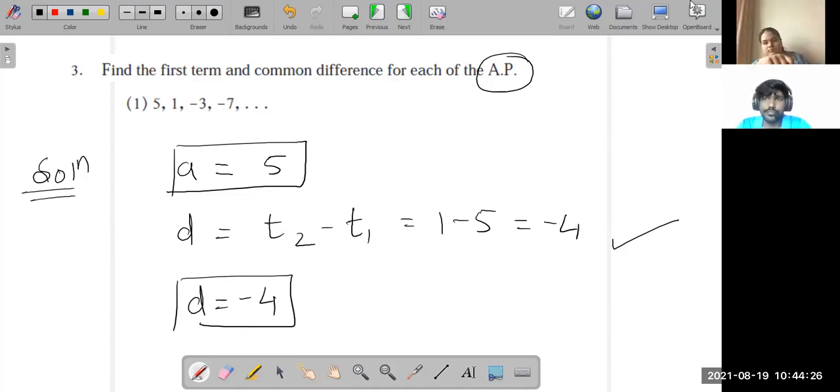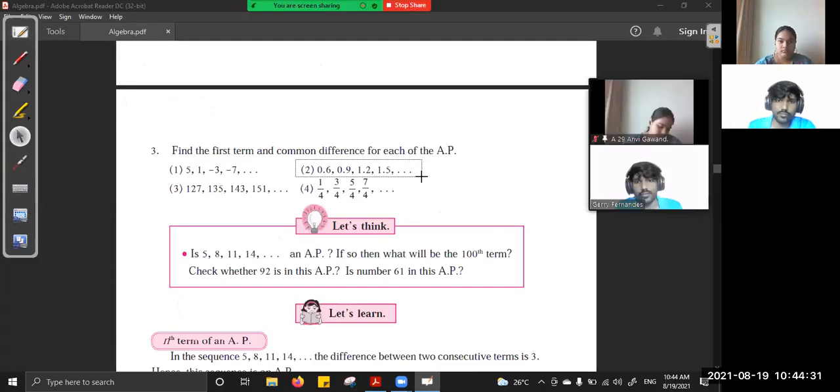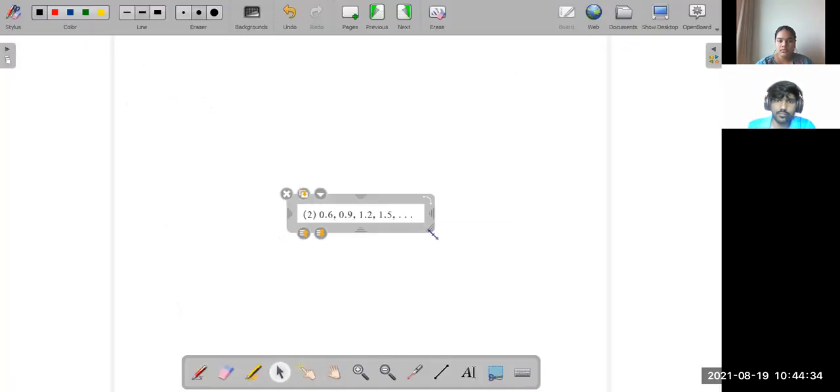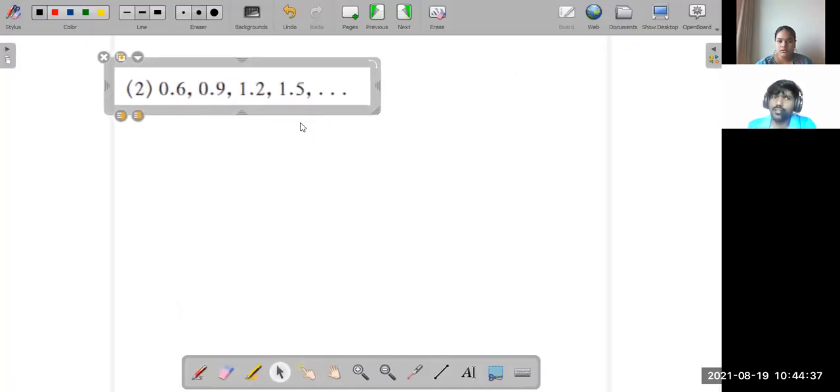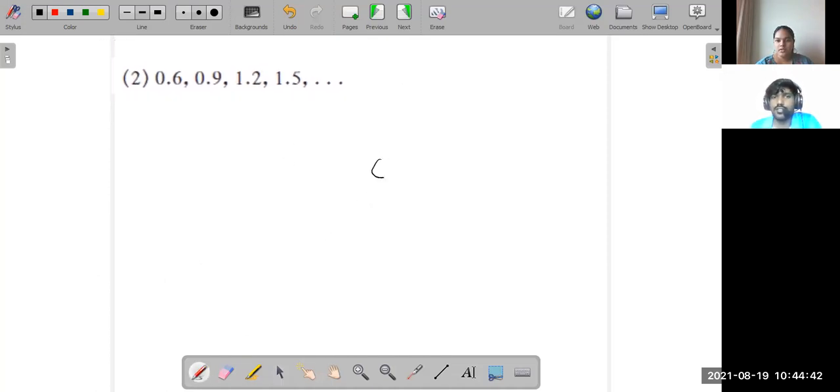Can you do the second one? It's easy. Same way. How do you minus 0.9 from 0.6? 0.3, correct. Always you have to do T2 minus T1, then T3 minus T2 and so on.